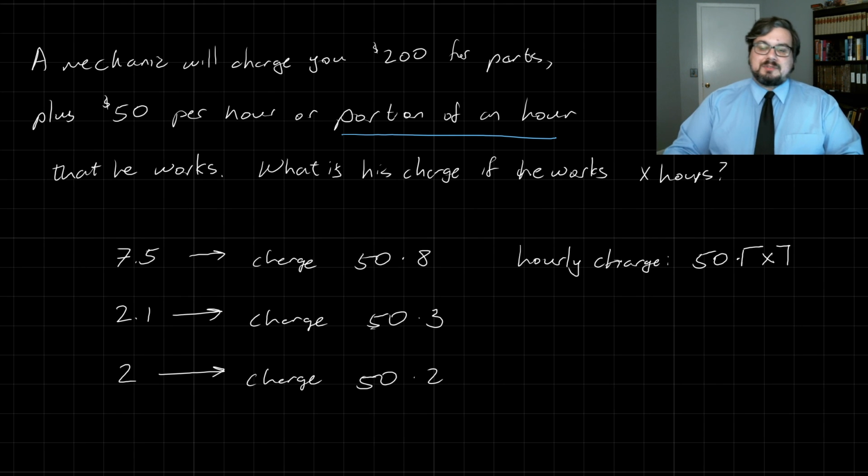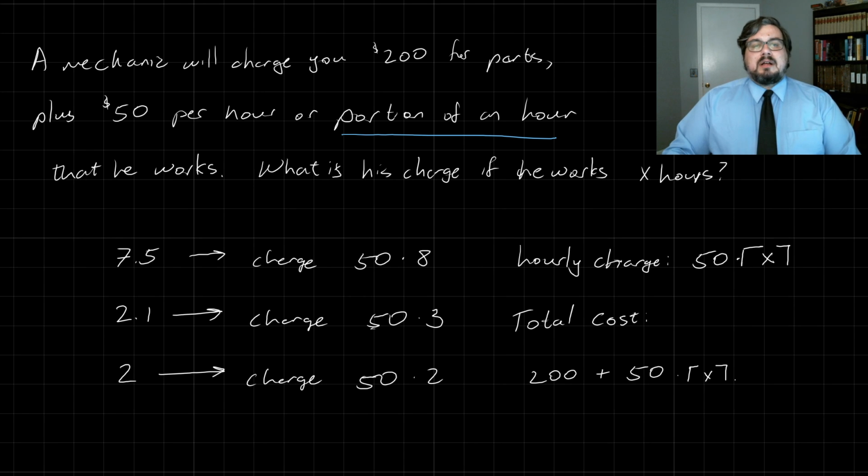If x is some number that's not an integer, we're going to go up to the next highest integer and multiply by that. So the total cost for this mechanic is going to be 200 plus 50 times the ceiling of x.